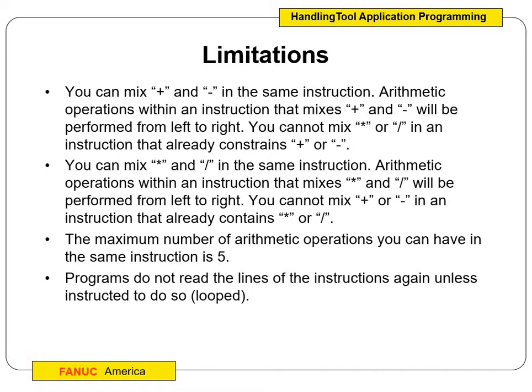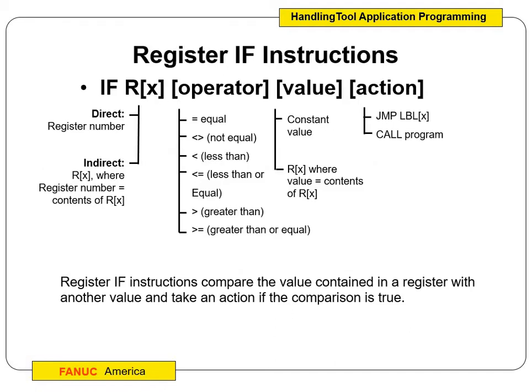No addition with multiplication or division, and no subtraction with multiplication or division, and vice versa. Okay? So, the maximum number of arithmetic operations we can have in one instruction is 5. Alright? Now, the programs only read the lines of instruction once unless you loop them. So you've got to remember to make sure that you use a loop.